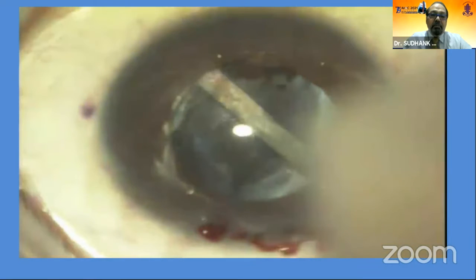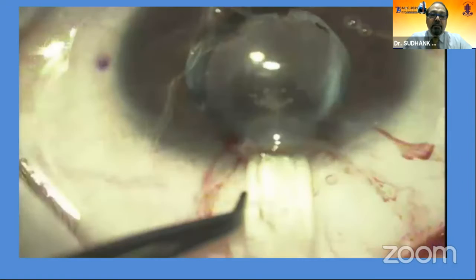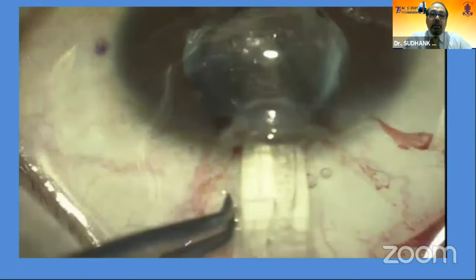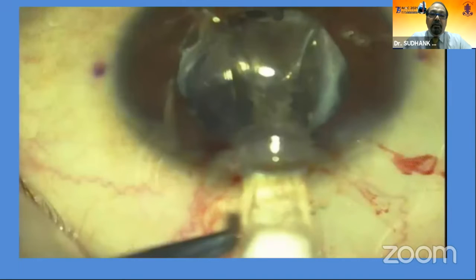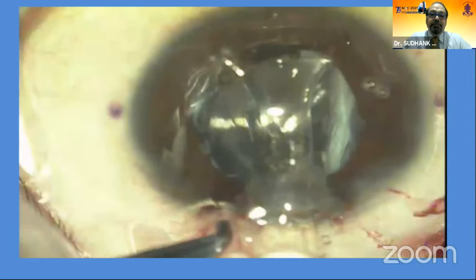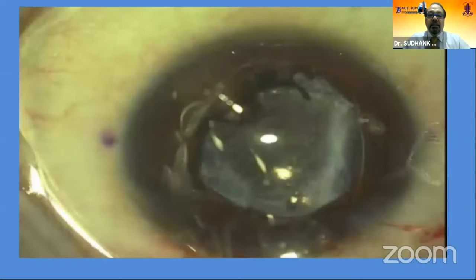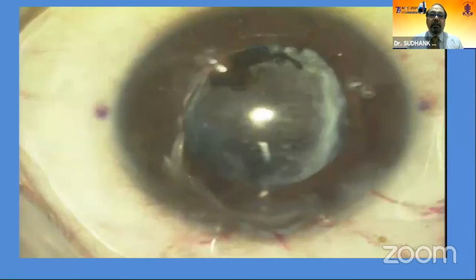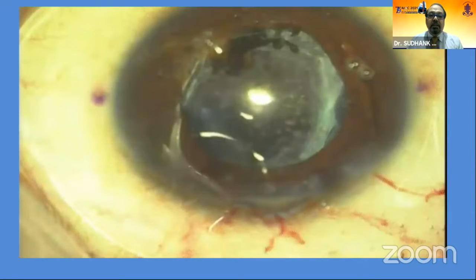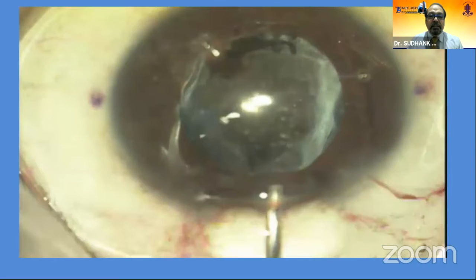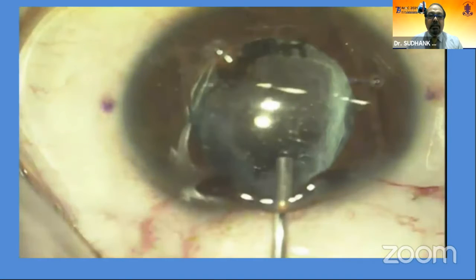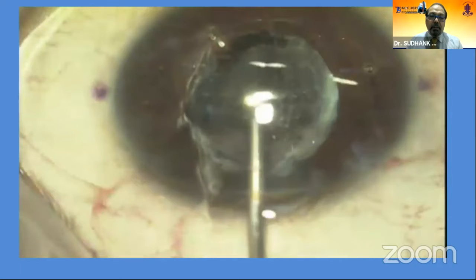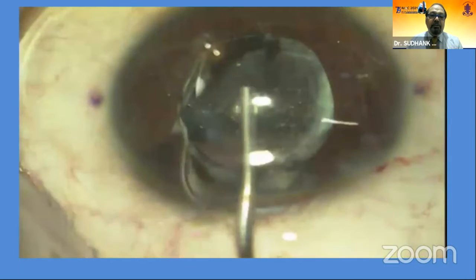And as you can see, I am removing the adhesives, and now I am inserting the ICL in front of the IOL, and then adjusting it according to the axis. It's not difficult. It is easier than doing a cataract surgery. It's very simple and very straightforward.